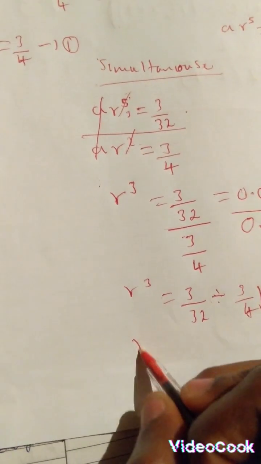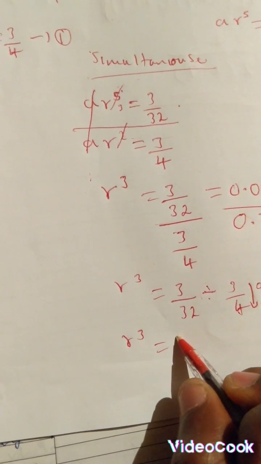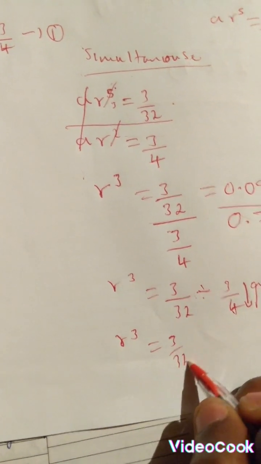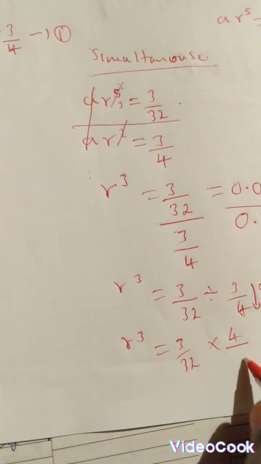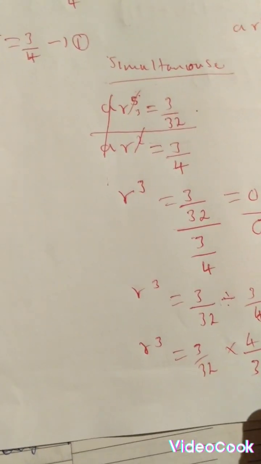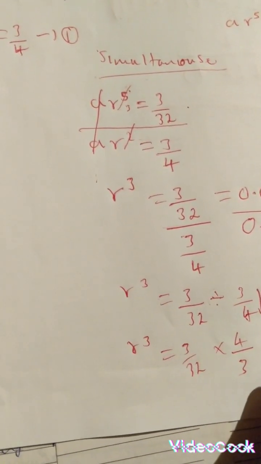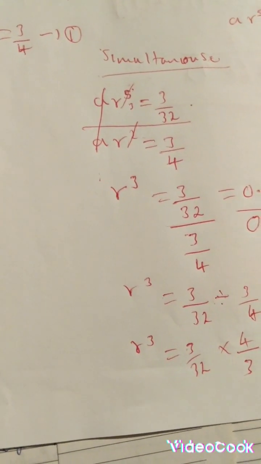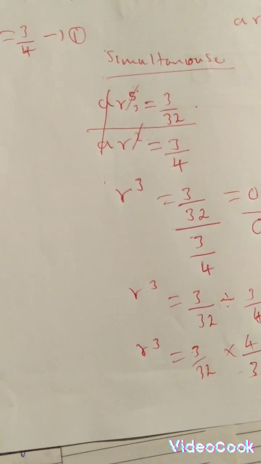So the equation will change to r cubed is equal to 3 over 32 times 4 over 3. Then from here you can multiply: r cubed is equal to 12 over 96.